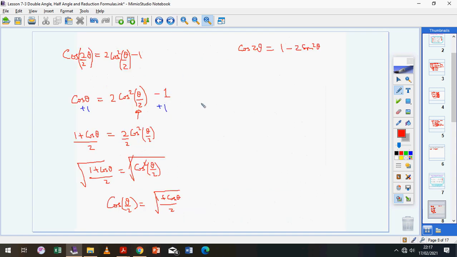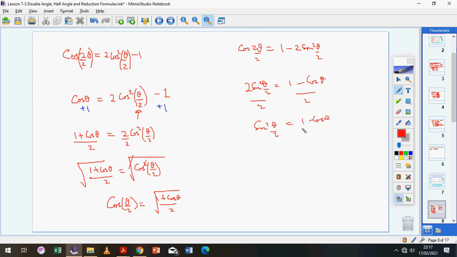I'm just going to do this quickly. Divide the angle by 2, make sine the subject, so this is 2 sine squared theta over 2 equals 1 minus cosine theta. Divide both sides by 2: sine squared theta over 2 is equal to 1 minus cosine theta, all divided by 2.